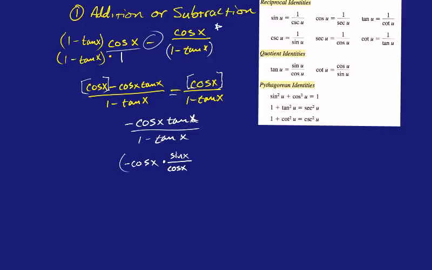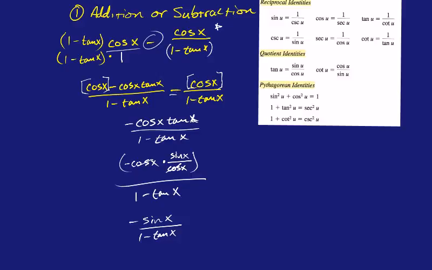So now this is on the numerator, still with 1 minus tangent of x on the denominator. Then we see that the cosines would reduce, and we would just have negative sine of x on top and 1 minus tangent of x on the bottom.